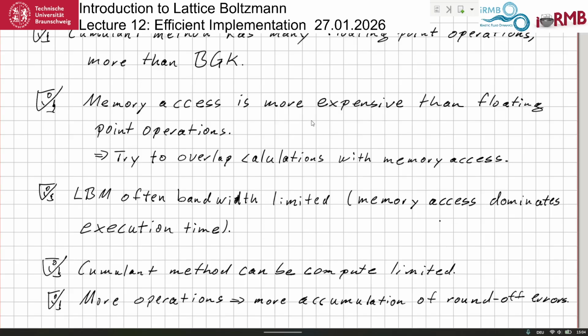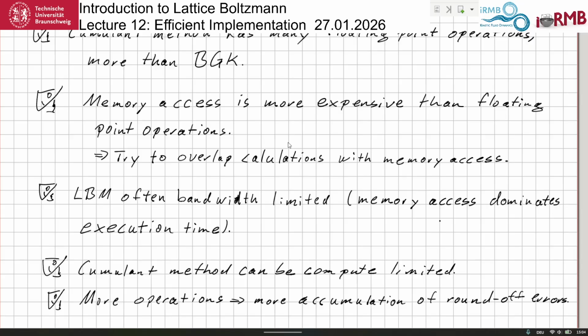On a modern computer, floating point operations come almost for free, which is a good thing for the cumulant method, but memory access is the expensive part. So what we usually try to do is, when we move data around, to overlap this with some calculations.